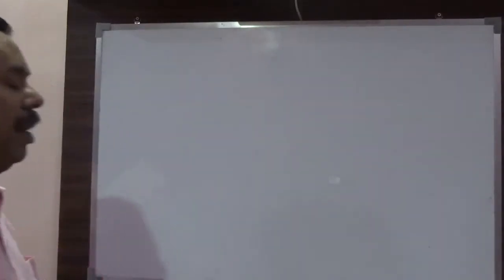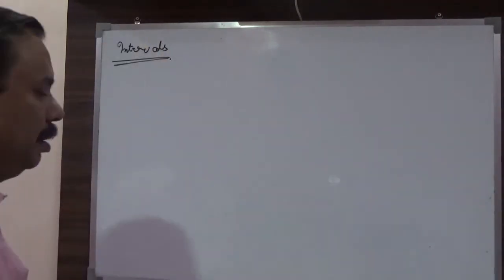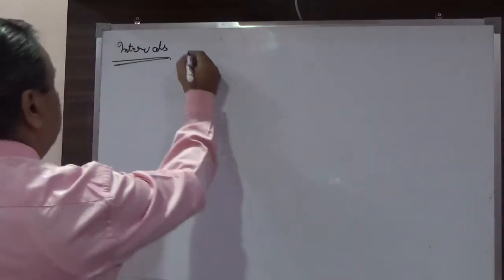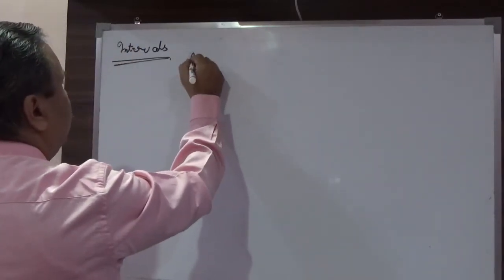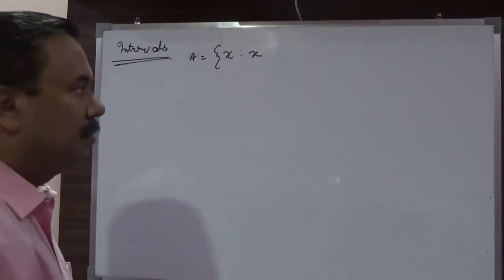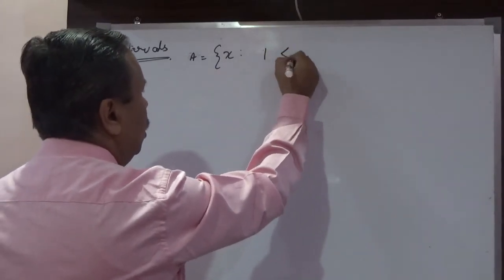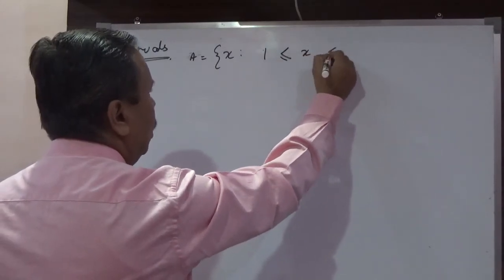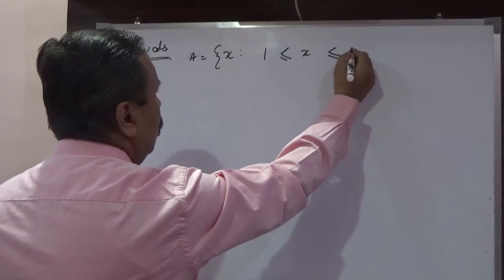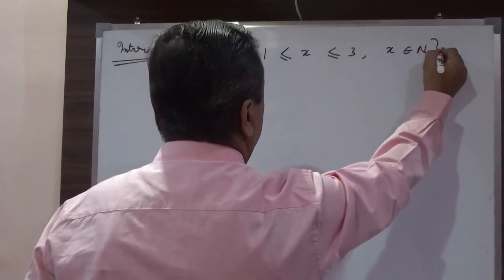Intervals depend on whether the set is bounded or not bounded. Suppose a set A is given as {X such that 1 is less than or equal to X and X is less than or equal to 3}, and X belongs to the set of natural numbers.